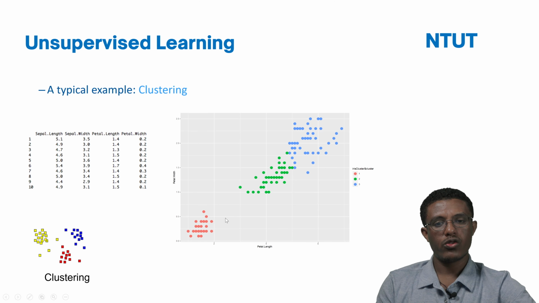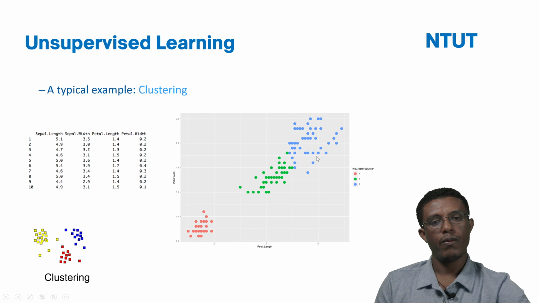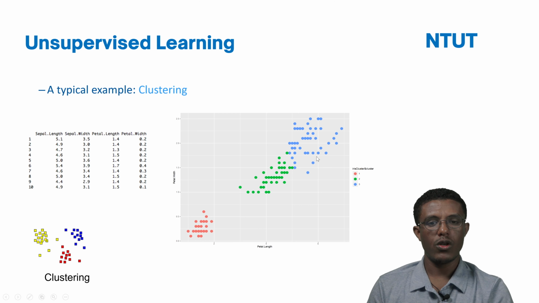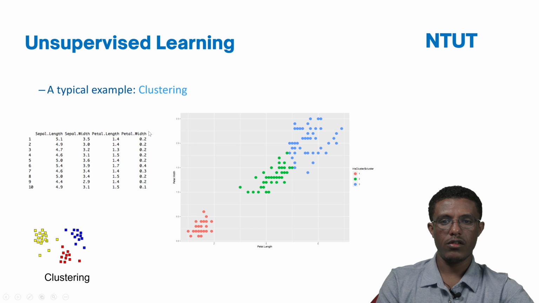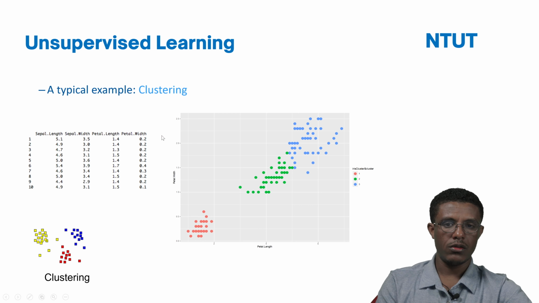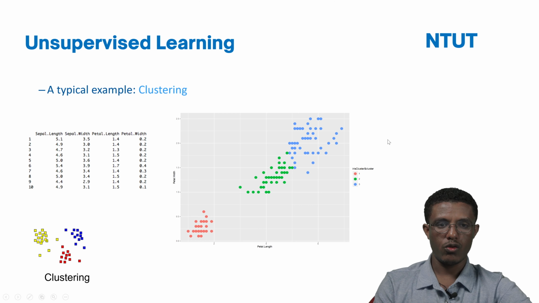The most common or similar data is grouped in this one, and the others in these. The model tries to cluster based on similarity. In this case, we give no classes, just the data, and finally we get the clustering outputs. This is called unsupervised learning.